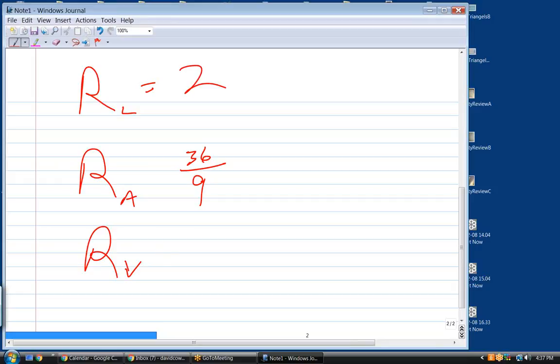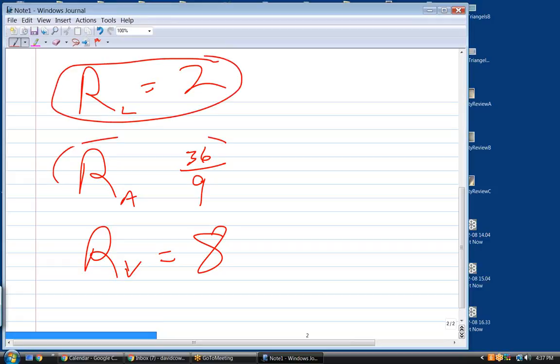What's the volume ratio? 8. Correct. In other words, pretty much for every single one of these problems that you're getting, if you did this as your first step, then the rest of the problem is easy. Now, you don't always need the volume ratio, but you always need the linear ratio.